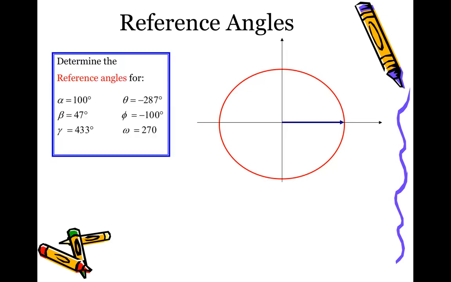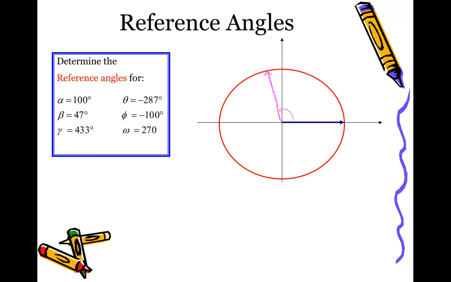Determine the reference angle for each of these. So the first one that I have is 100 degrees. I'm going to try to do this in a few different colors. So 100 degrees. It starts here. 100 degrees is going to be a little bit more than 90, so like right here. So I'm going to sketch that angle first.